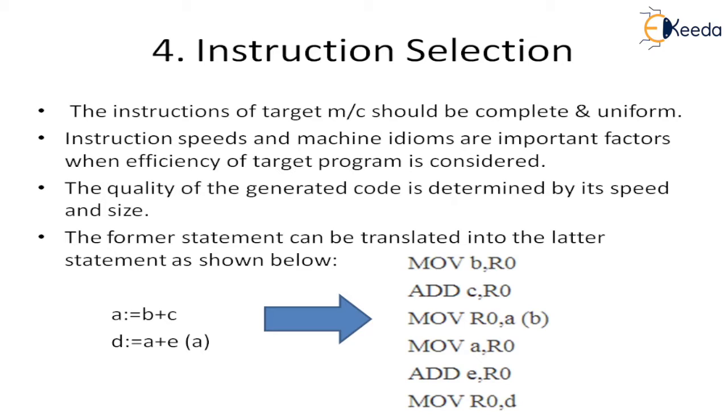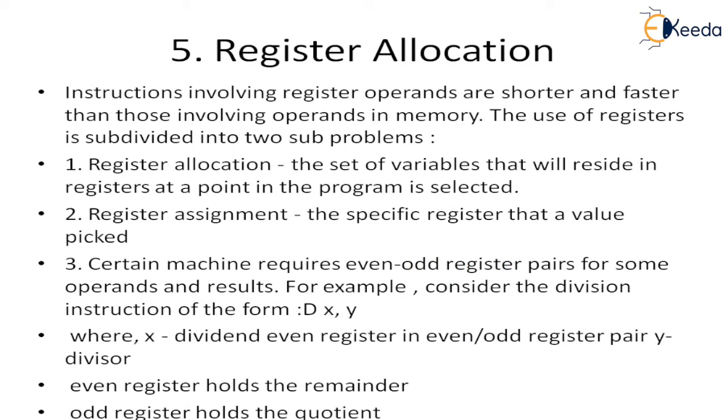Just consider this slide. After that, register allocation. Register allocation is nothing but allocating the particular variable value to a particular register. It is the selection of the set of variables that will reside in registers at a point in the program.